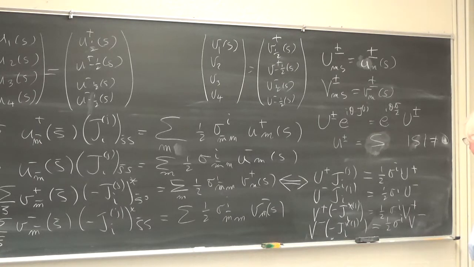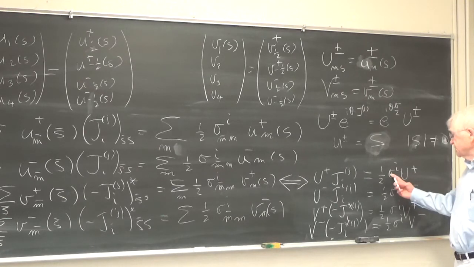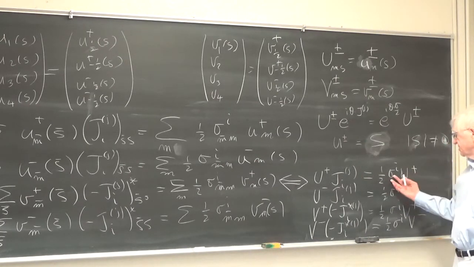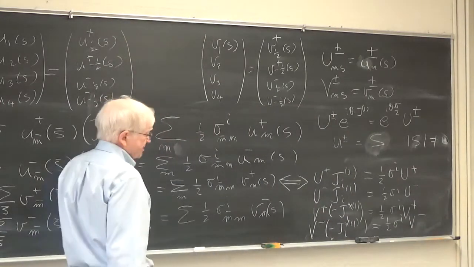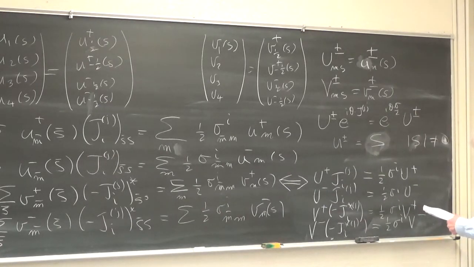And now it turns out that since sigma is 2 by 2, J has to be 2 by 2, so what we're saying here is that J is equivalent to sigma, and in effect we might as well just set S equal to the identity.